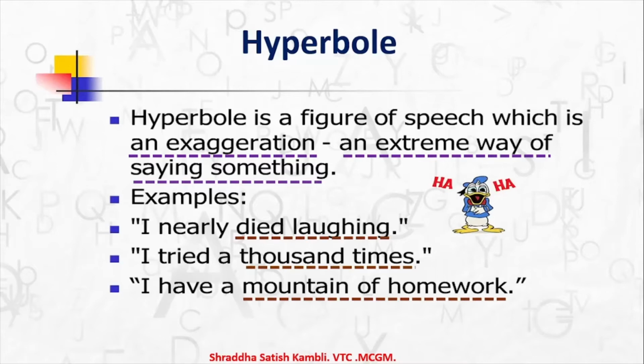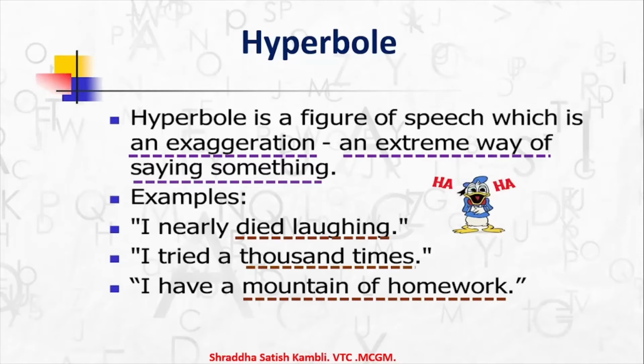But will he ever die because of this laughing? No. So you are exaggerating. Then I have tried 1,000 times. How many times did I try? 1,000. So can you imagine someone trying 1,000 times? Like 1, 2, 3, 4, 5, 100, 200, 300. Will you try so many times? I don't think you will try so many times. You will try 3 times, 4 times, 5 times and then you will give up.